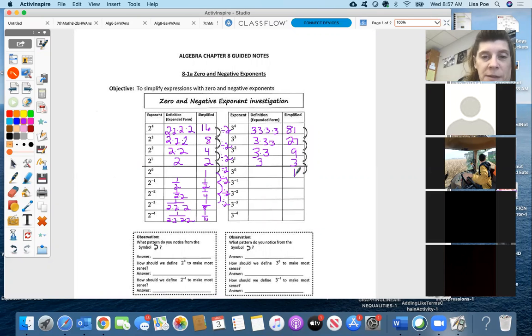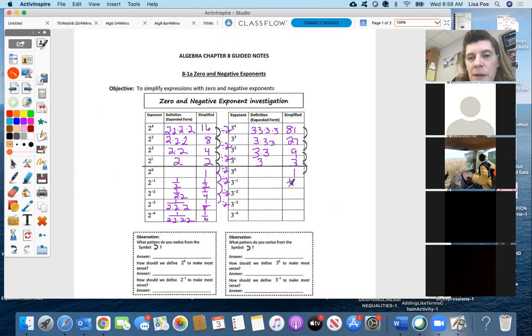1. Yes. Okay. Then, what's 3 to the negative first power? Cooper, do you know this one? What's 3 to the negative first? 1/3. Yep, exactly.